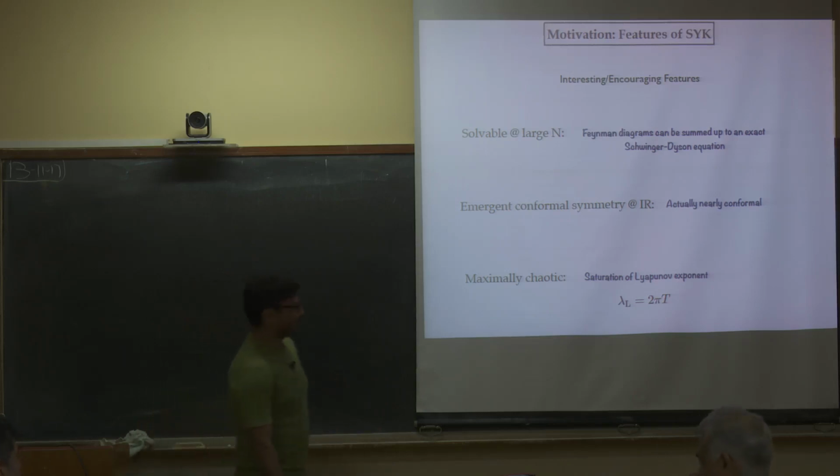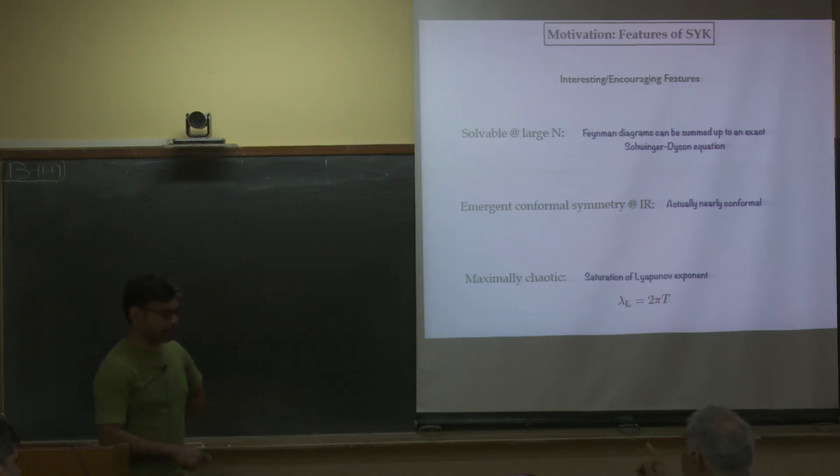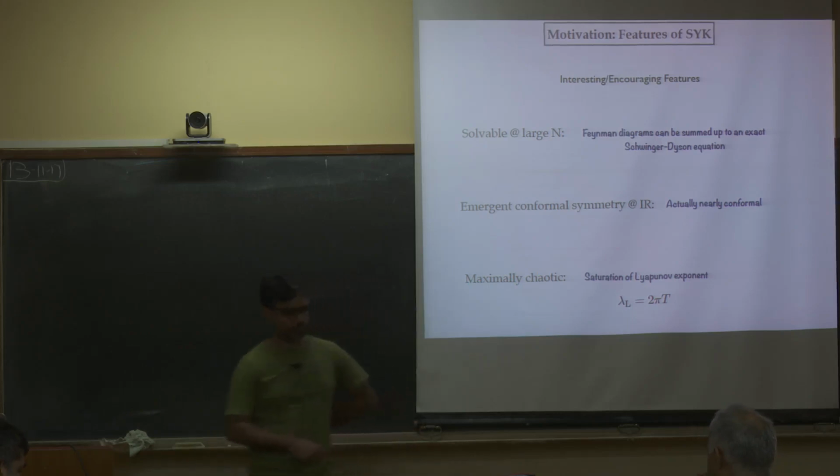Just to say, this part, this original conformal quantum mechanics, is also one of these. But nevertheless, I don't think anybody has calculated, at least not to my knowledge, this chaos exponent for the traditional conformal quantum mechanics.